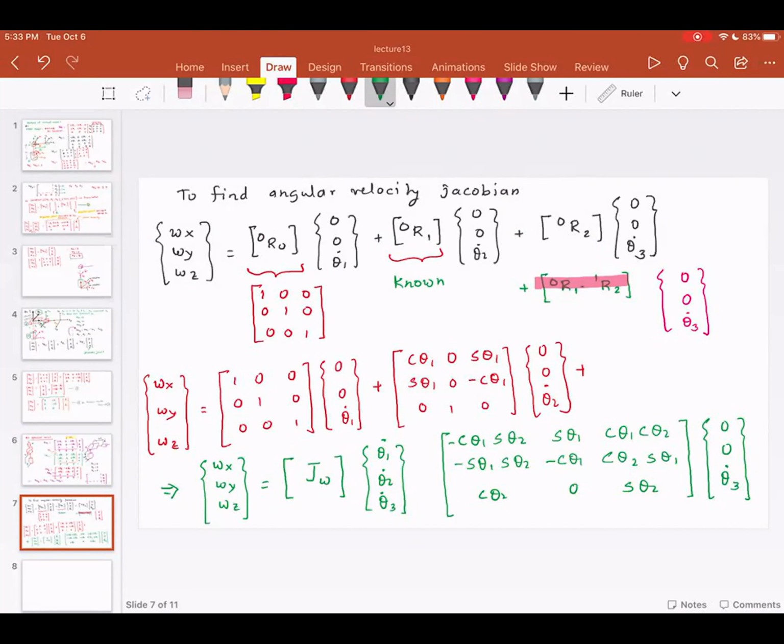There is a MATLAB command for collection of similar terms, which is called collect. So you can use that command and actually simplify the expression and write that in the matrix vector form. Okay, so what I'm going to do is switch back to MATLAB.